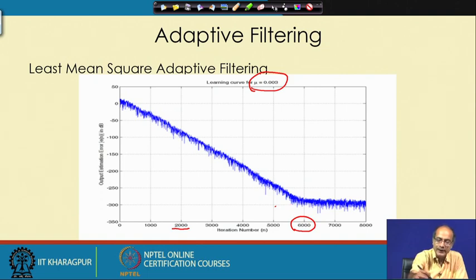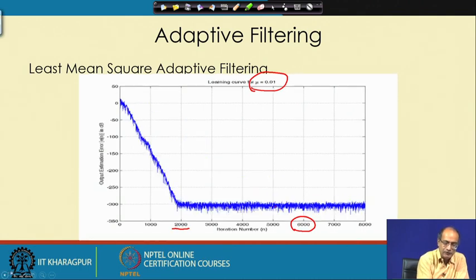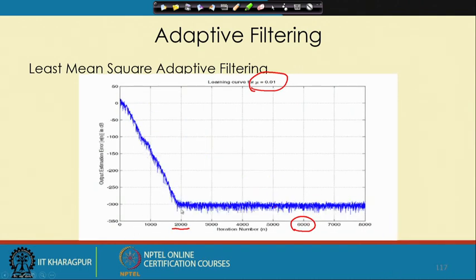Now, let us look at the other scenario. If we try to reduce the weight vector lag and increase the value of mu from 0.01 to 0.08, what is happening? In the previous two examples it was going directly towards convergence and the trajectory was smooth.